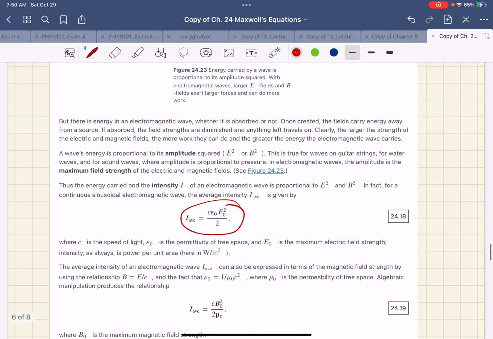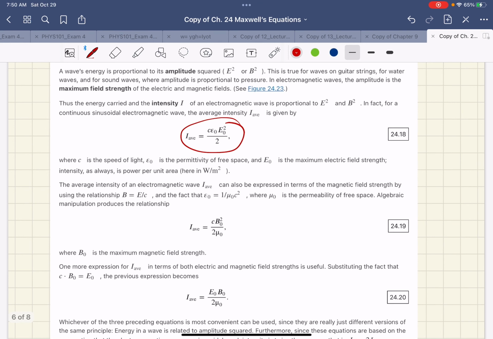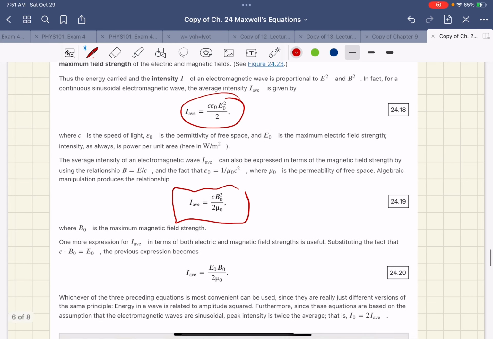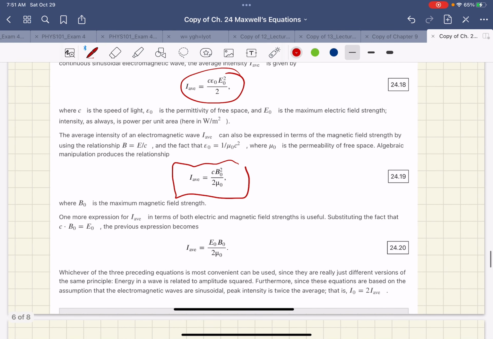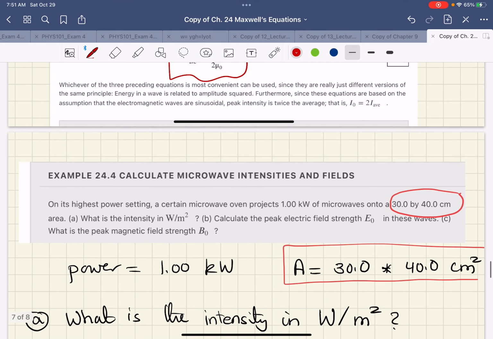We call it the amplitude. And also we can have the intensity in terms of the magnetic field, and this is very similar. And one more expression, we can have it in terms of the strength of the electric and the magnetic field, and that is E0 B0 divided by 2 mu 0.